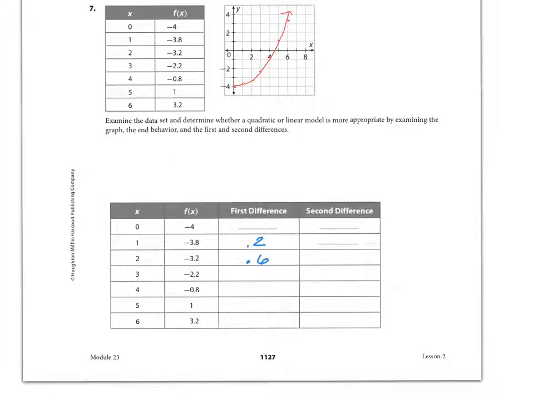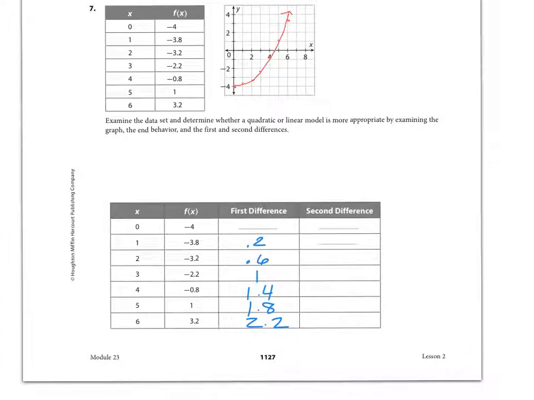Okay, and then I just keep on with that. So I get 1. And then for the next one, if I subtract negative 0.8 minus negative 2.2, then I'm going to get 1.4. Then I do the next one, and I'm going to get 1.8, and do the next one, I'm going to get 2.2.